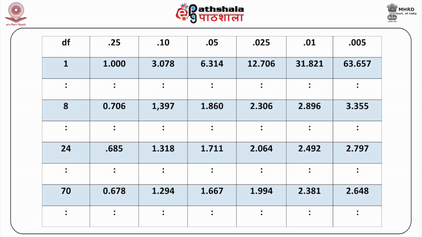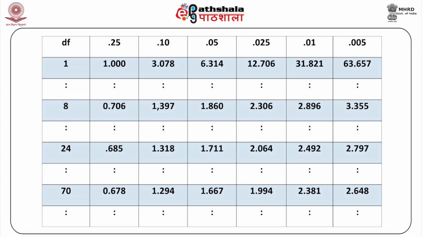The value of t critical is obtained from the t table, which is called the Student's t table. The value is taken by matching the df value, or degrees of freedom, with the corresponding column depending upon the prior assumption of a one-tail or two-tail test and the significance level of alpha.